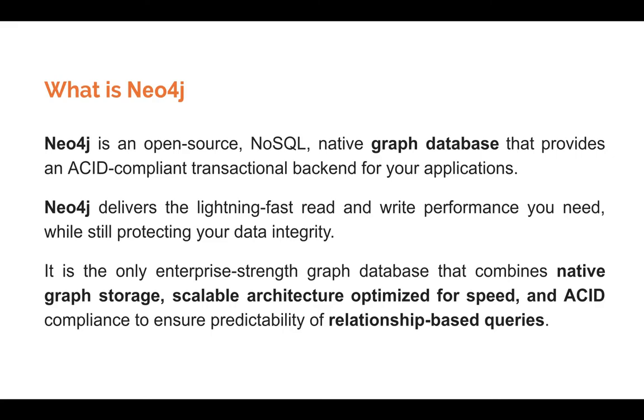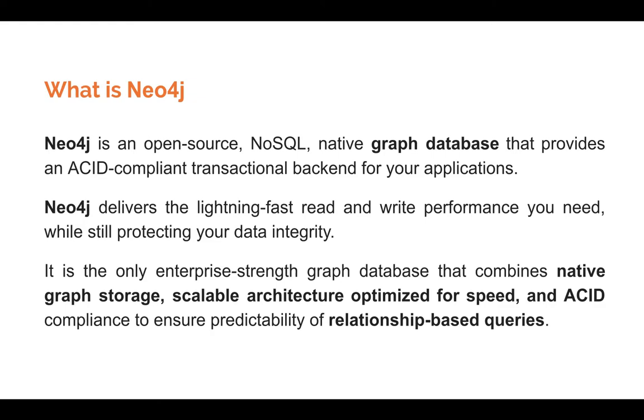native graph database. It's an open source NoSQL graph database that provides an ACID compliant transactional backend. Neo4j delivers the lightning fast read and write performance you need while still protecting your data integrity.